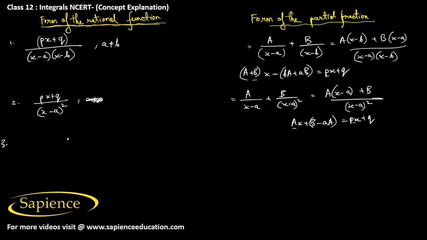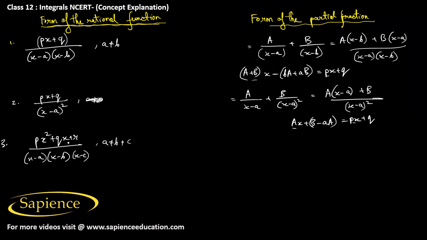And then the third case is that if we have px square plus qx plus r by x minus a, x minus b, and x minus c. Here also, suppose a is not equal to b is not equal to c, so a, b, and c are not the same.